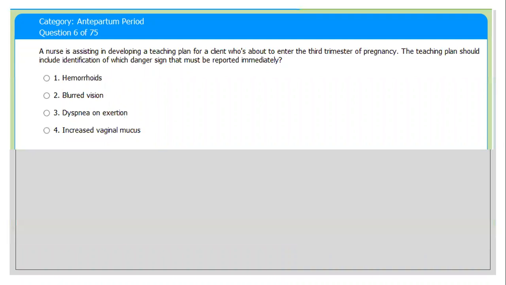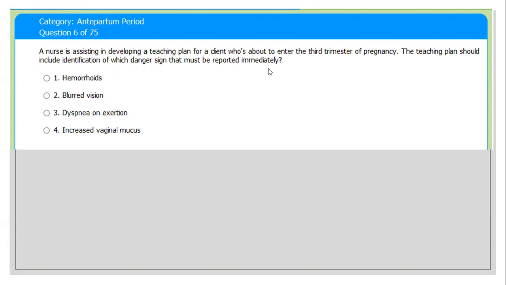Pregnancy. Next question here: a nurse is developing a teaching plan for a client who's about to enter the 3rd trimester of pregnancy. The teaching plan should include identification of which danger sign must be reported immediately.